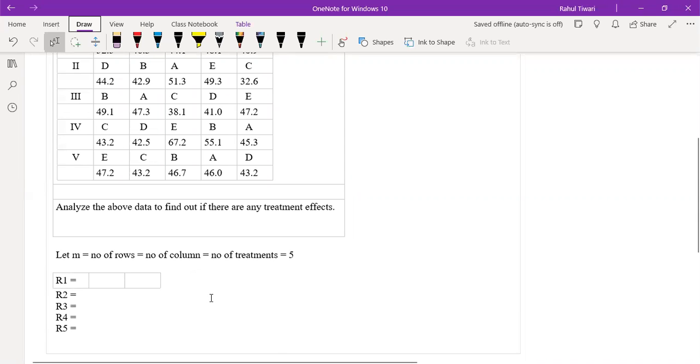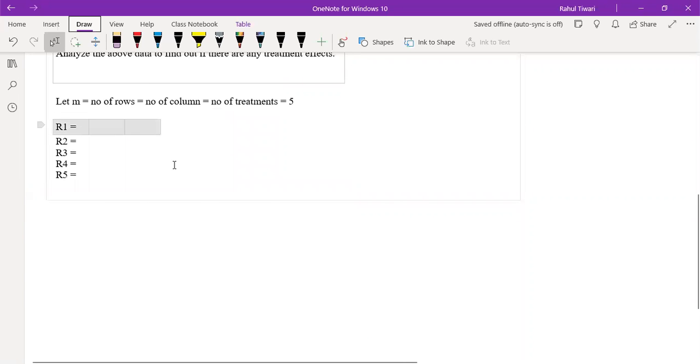So what could be their column total? I don't want this particular cell. Automatically it comes here.